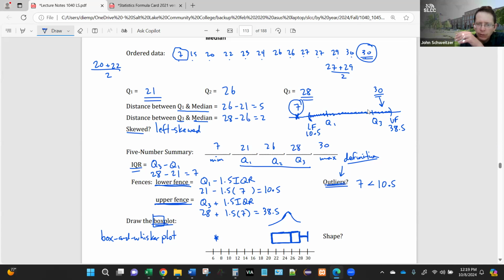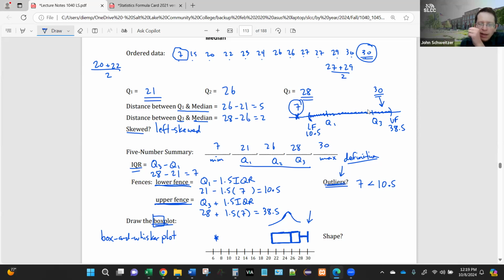So let's just stick with the GeoGebra convention there. So there is our upper whisker. And what it does is it says, okay, the real data, the actual values in our data set go up as high as 30. So the non-outliers go up to as high as 30. So it's giving us another measure of spread.